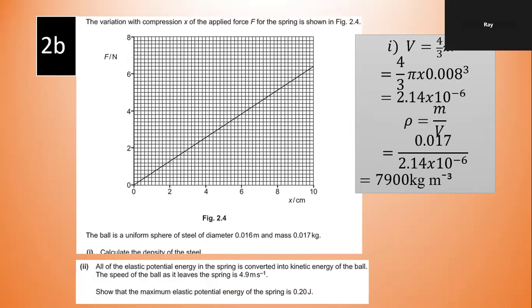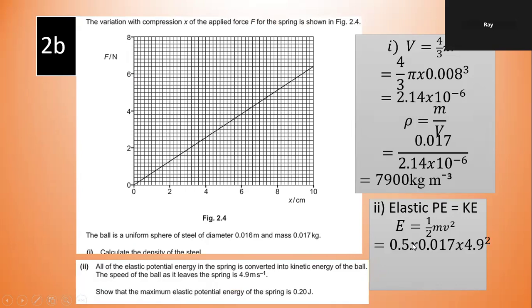All the elastic potential energy in the spring is converted to kinetic energy of the ball. The speed of the ball as it leaves the spring is 4.9. Show that the maximum elastic potential energy of the spring is... Okay, we've got 10 more minutes. Elastic potential equals kinetic energy, half mv squared.